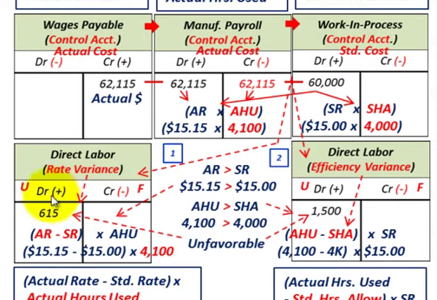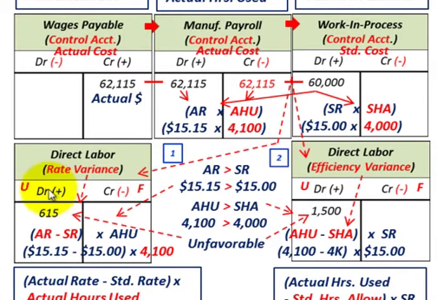So what we would do here is take our actual rate of $15.15 and subtract our standard rate of $15 from it. The difference is 15 cents on an hourly basis, times the actual hours used, 4,100 hours. That's going to give us $615, and we would debit our direct labor rate variance for that amount, $615.